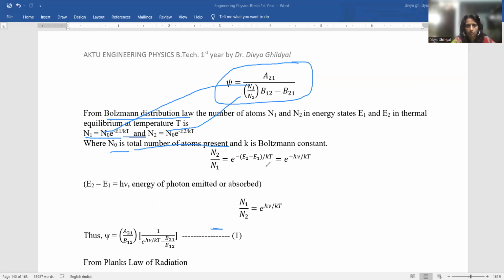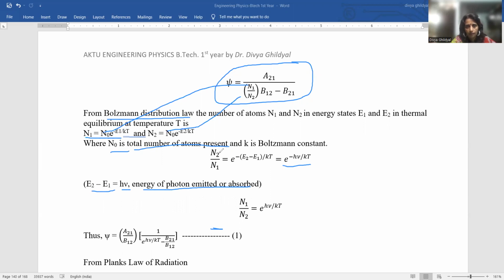K is Boltzmann constant. We divide N2 by N1 and we get the expression e to the power of minus h mu by KT, where h is Planck's constant, mu is frequency, K Boltzmann constant, and T the temperature at thermal equilibrium. From Einstein's expression, delta E is equal to h mu, the energy of photon emitted or absorbed.